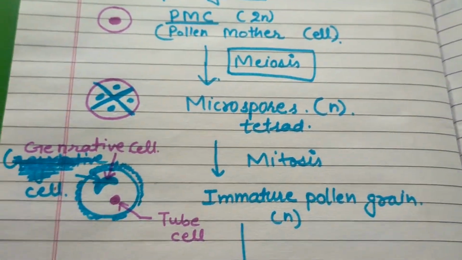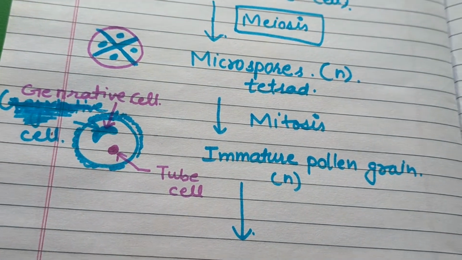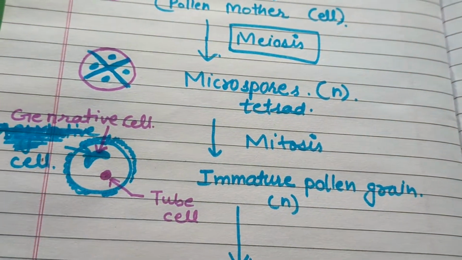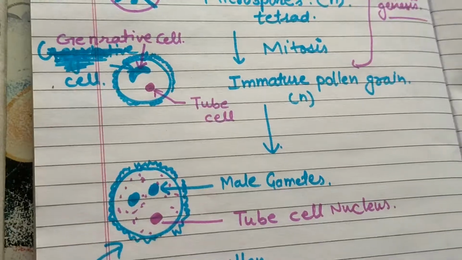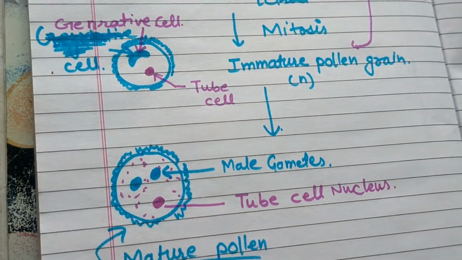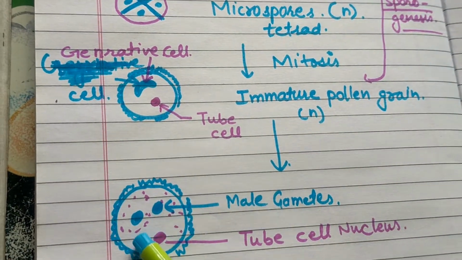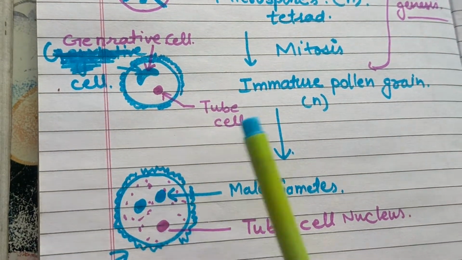So two male gametes are formed by the generative cell, and remember, the generative cell floats inside the tube cell. As you can see here, the generative cell divided into two male gametes by mitosis.